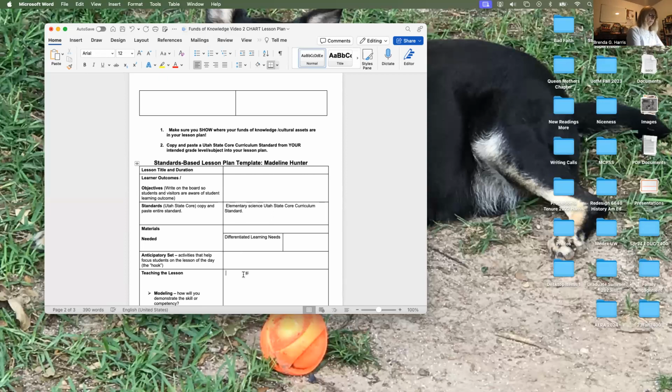Like for example, measuring melted butter or whatever it is. And this is the cooking knowledge. Then, highlight that for me so that I know where the knowledge from the community is.